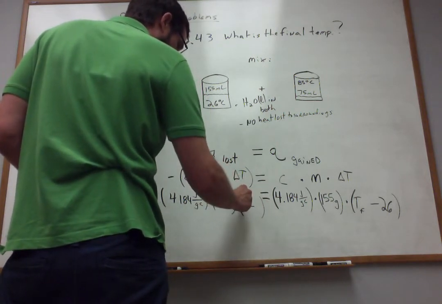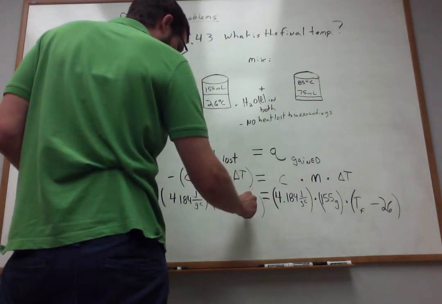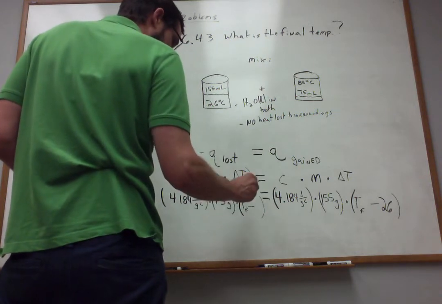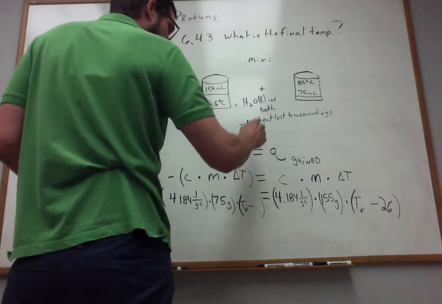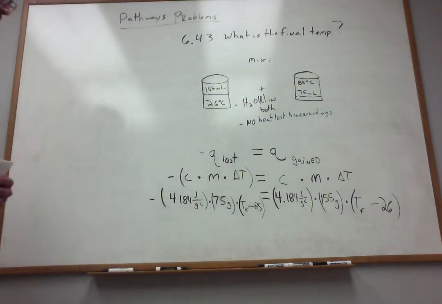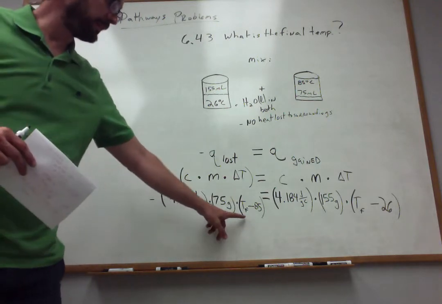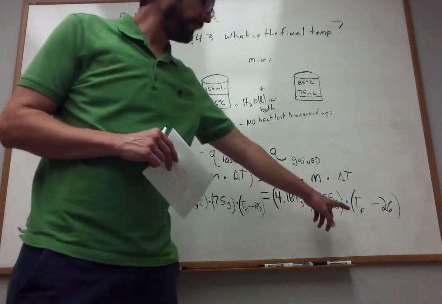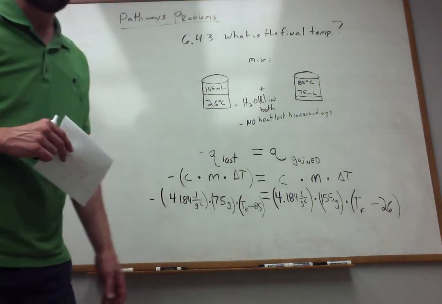Well again, can I write T final minus T initial, where T initial was 85 degrees? So that mathematical statement also works, okay? Now here's the trick. This TF, the final temperature, and this TF, are they the same number?